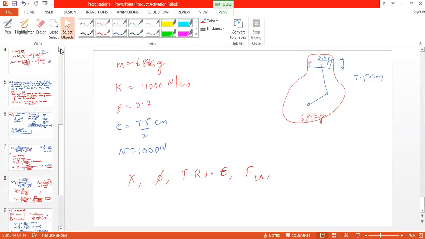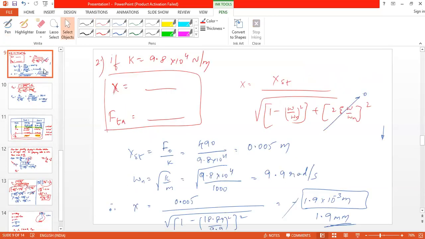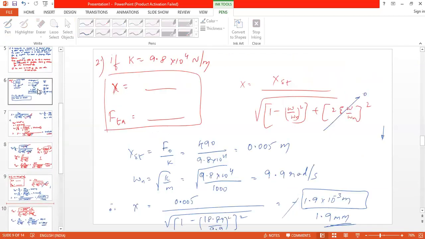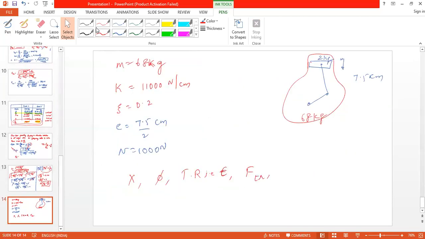Here it is important: the angle between the phase angle of the transmitted force, FTR, and the applied force F0. That is, you need to find Phi minus alpha.